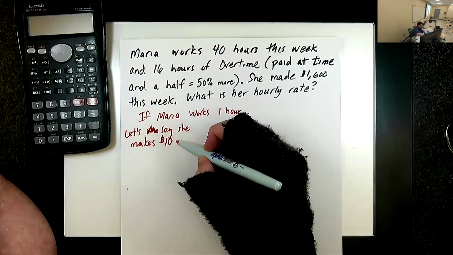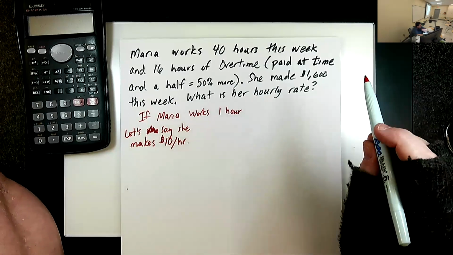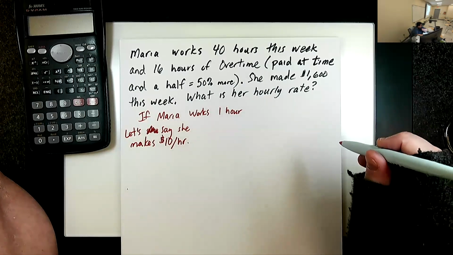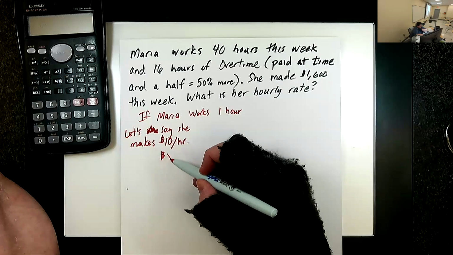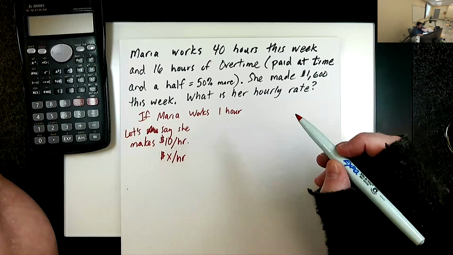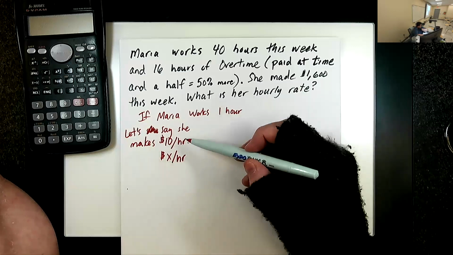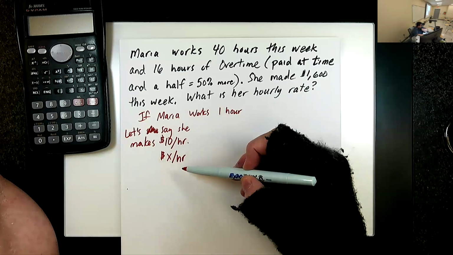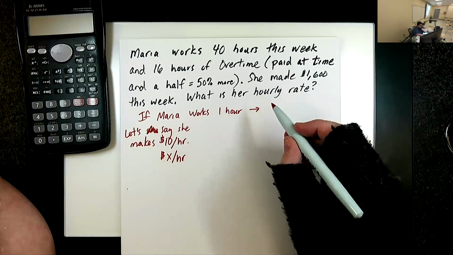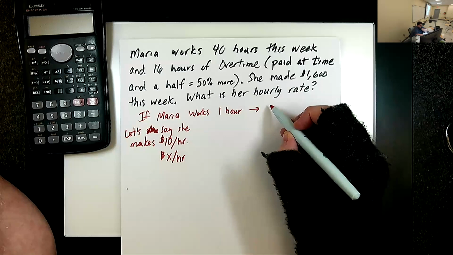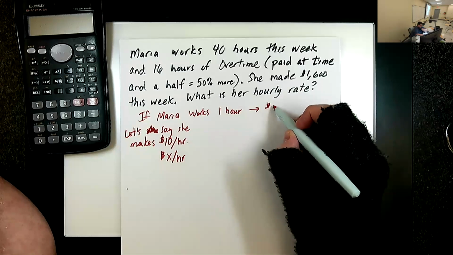We don't know how much she makes, but this can give us an idea of what the math should look like. We know she makes X dollars an hour. We don't know what she makes, so we're going to call it X. But whatever we can set up with $10 an hour should work with X dollars an hour. So if she works 1 hour, she's going to make $10, right? She gets $10 an hour, and she works 1 hour, she gets $10.